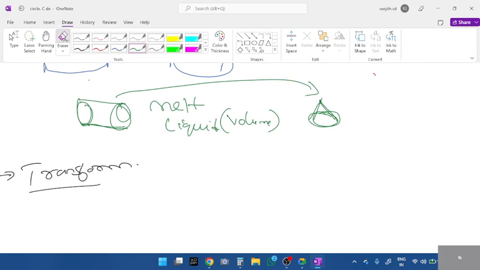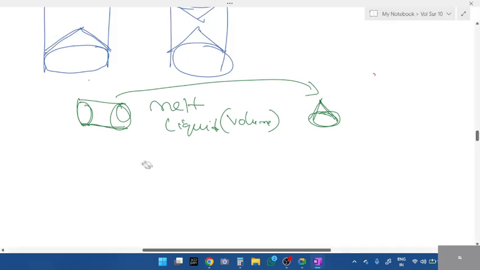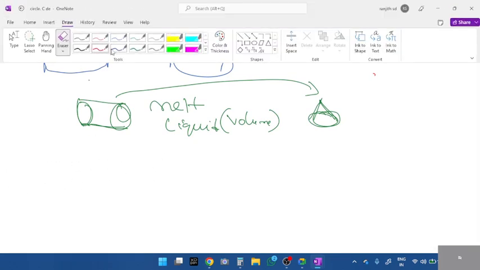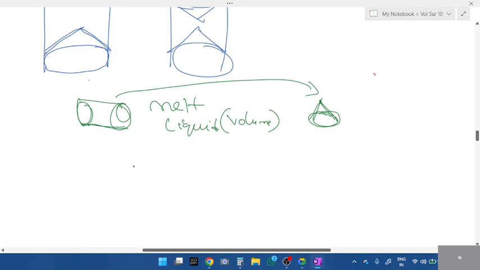Whether you transform it from one figure to another figure, or if you're finding the combination question, volume will be given, or just radius and height will be given, students. Radius is 7, height is 30.